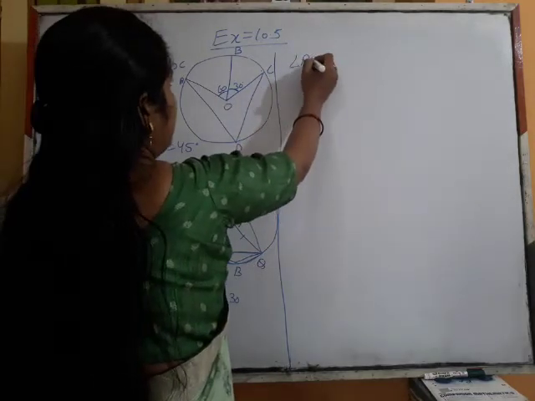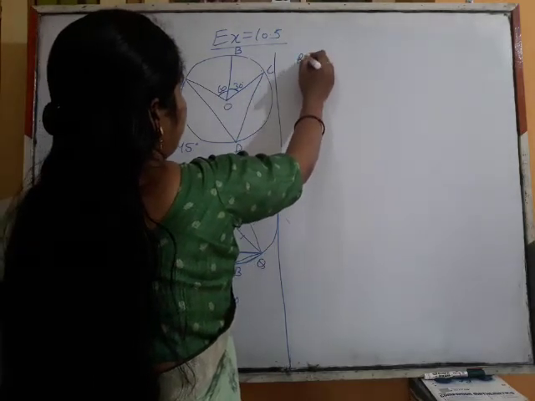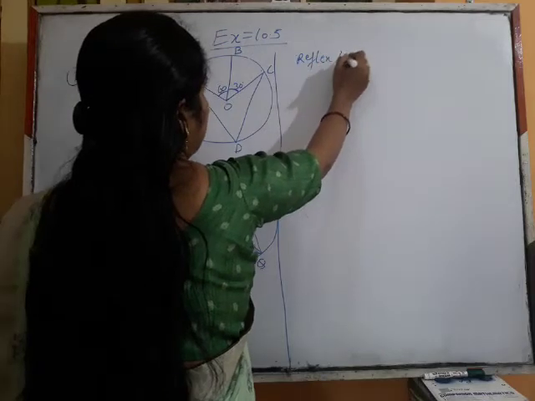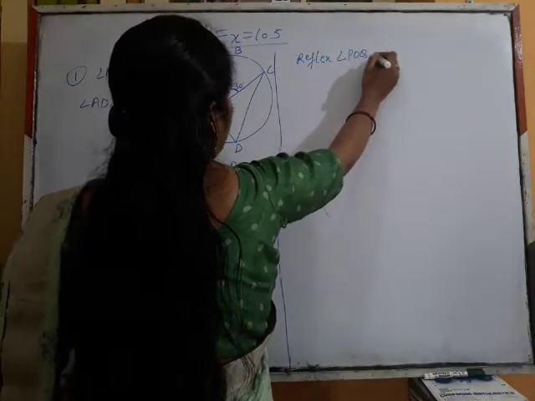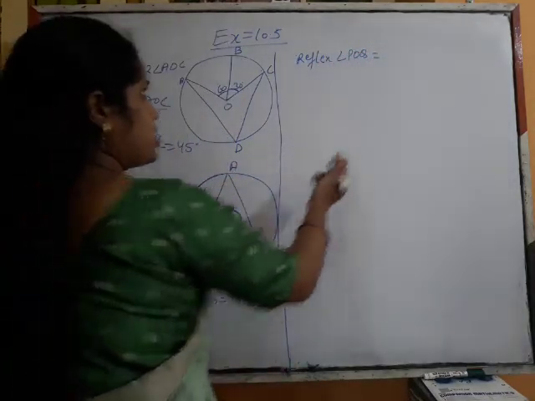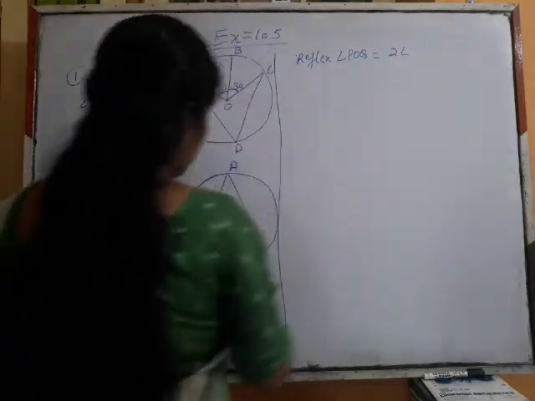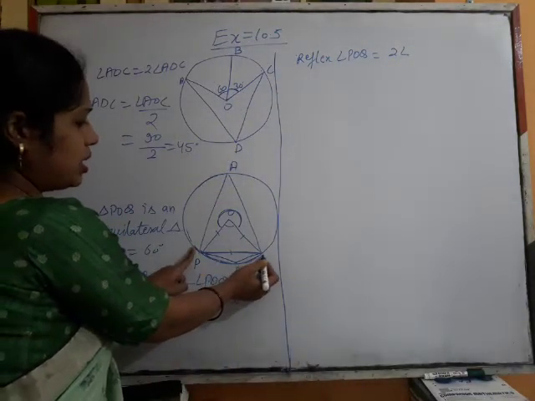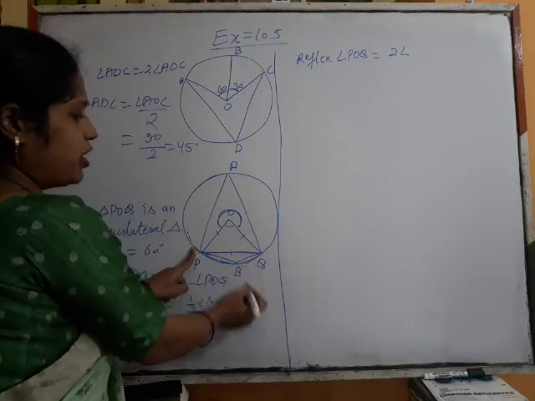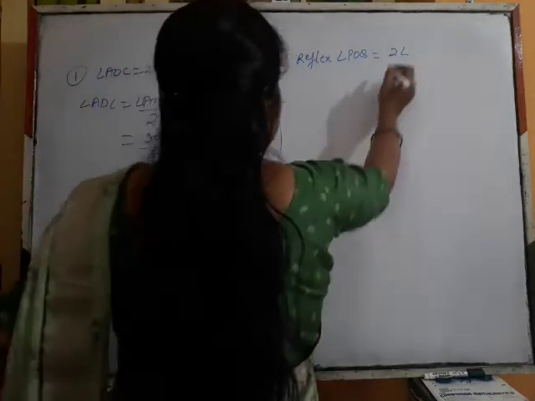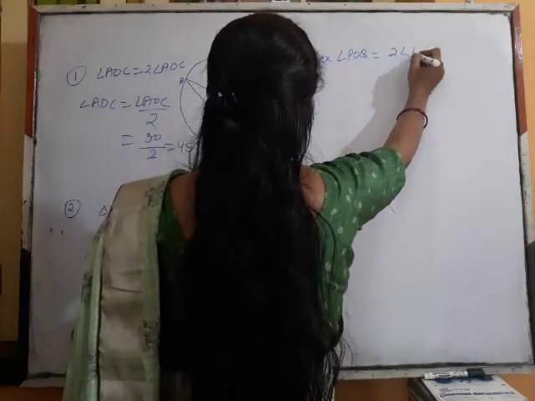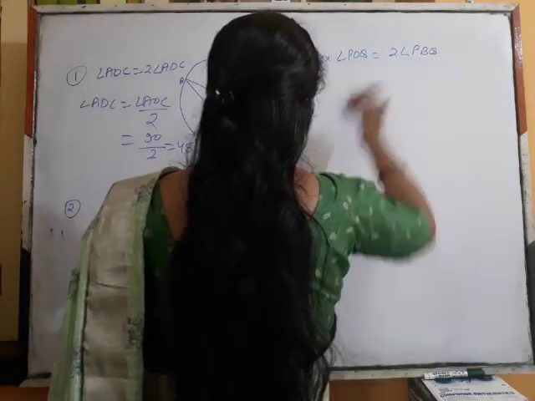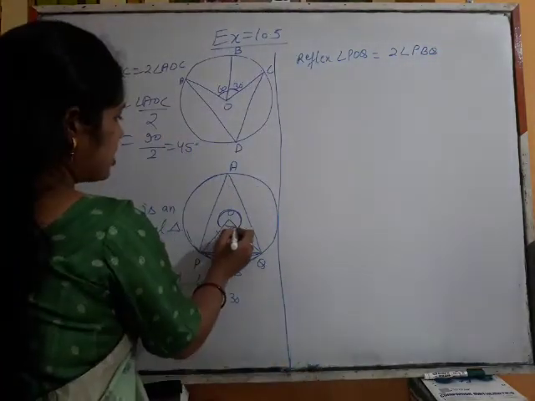So we will write here, reflex angle POQ is twice the angle at the point by the same arc. This point is on the remaining part of the circle. So this is twice the angle PBQ.